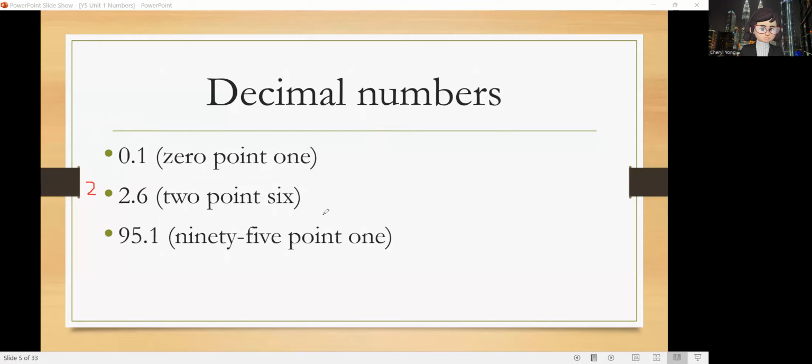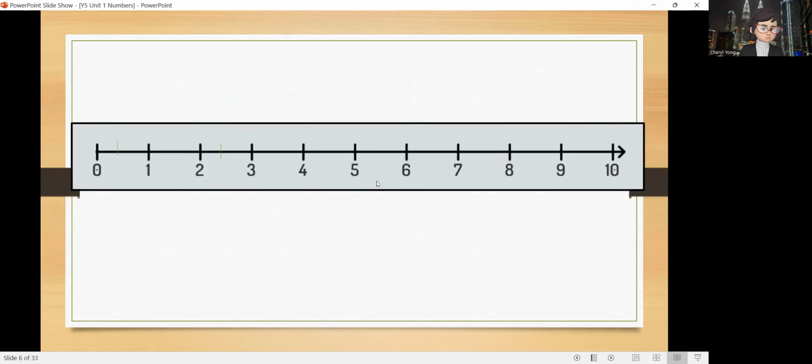Yes, 2 and 3. 95.1 is between 95 and 96. That's right.